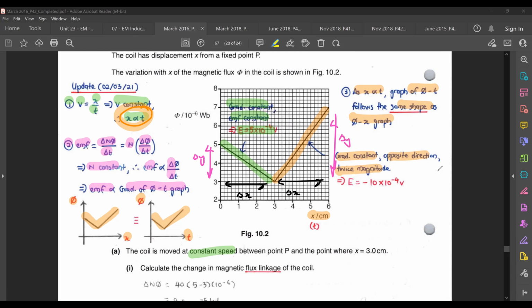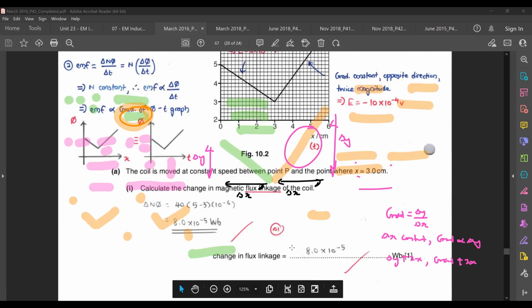So gradient, being equal to change in y over change in x, being constant would mean that gradient is proportional to change in y. So your change in y is 2 times as much. Your gradient will be 2 times as much too. So here, gradient constant, opposite direction, twice the magnitude. Your EMF is going to be negative 10 times 10 power minus 4 volts.